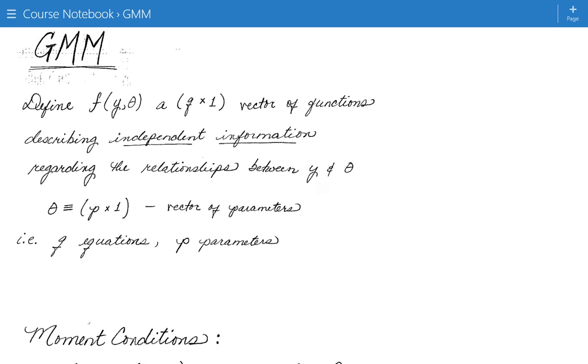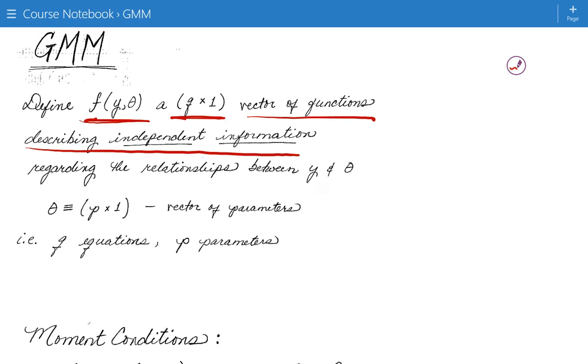So to start, let's define a function. It's actually a vector-valued function, a q/1 vector of functions describing independent information regarding the relationship between y and parameters theta. Now, theta can be a vector, so let's say it's a p/1 vector of parameters.